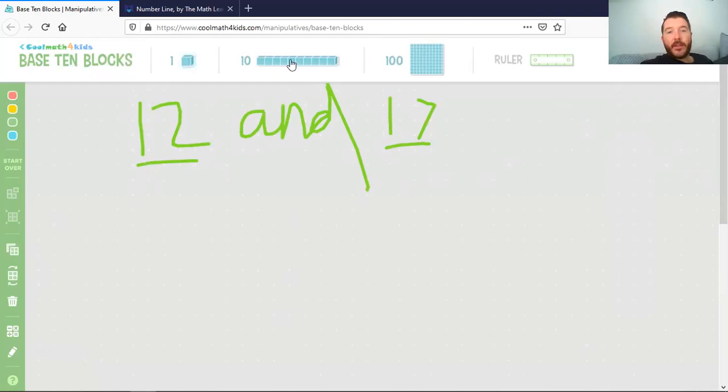So 12 needs 10, 11, 12. Now I'm going to put these right next to each other so I haven't got any gaps. And then I'm going to make 17 directly below. They need to be in the same place, otherwise it won't work.